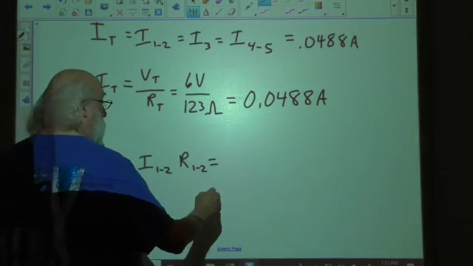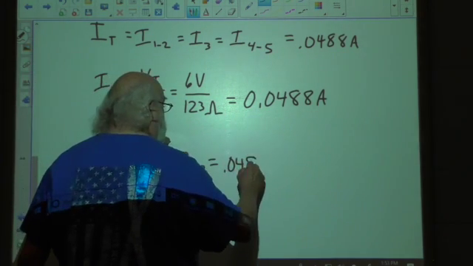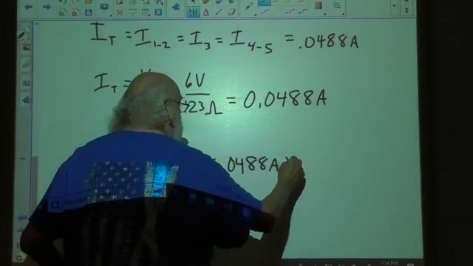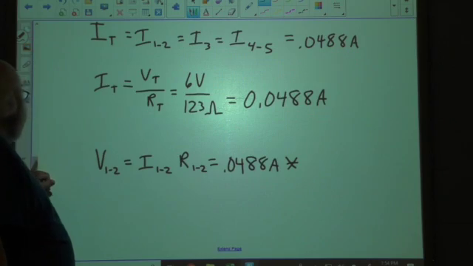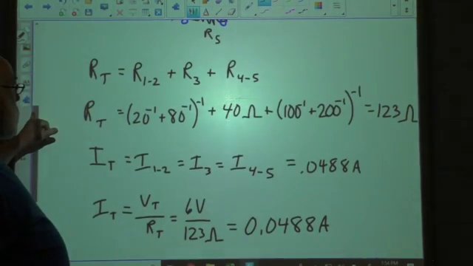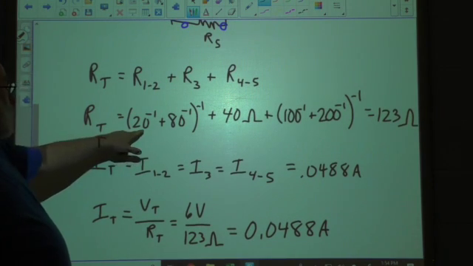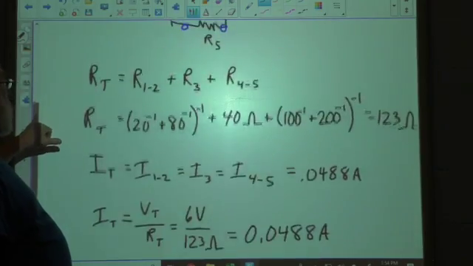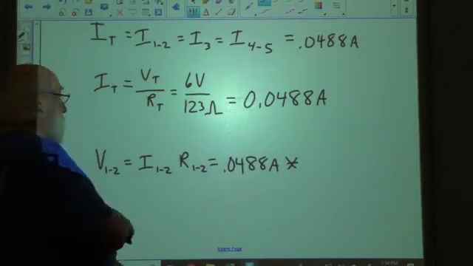Well, I1 and 2 we know is 0.0488 amps, it's practically staring us in the face, times the resistance of the first system of resistors, which is 20 to the negative 1 plus 80 to the negative 1. I didn't calculate that, so I'll have to do that right now.